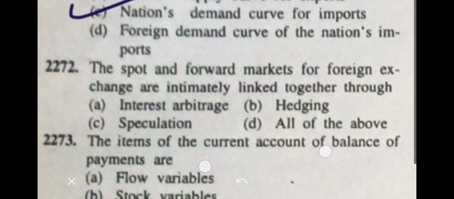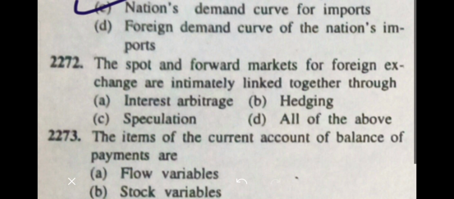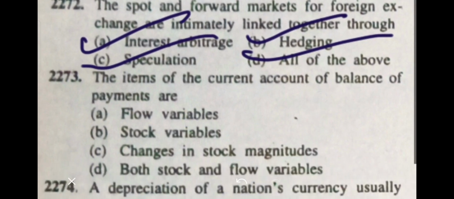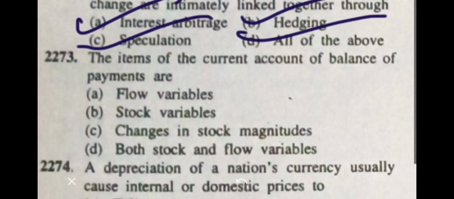The spot and forward market for foreign exchange are intimately linked together through interest arbitrage, hedging, speculation, all of the above. The items of the current account of balance of payment are flow variable.